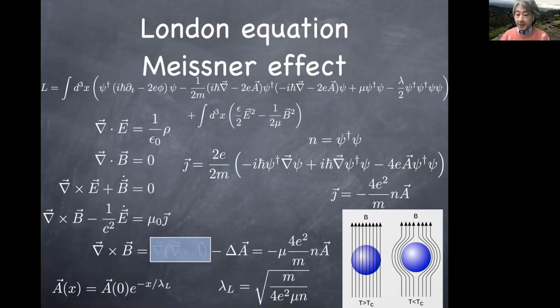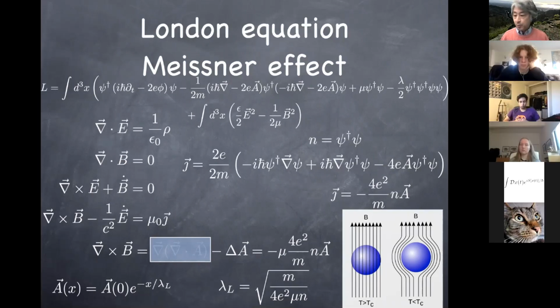So you would predict now, just by having Schrödinger field theory with the covariant derivative, that the magnetic field should be expelled as a consequence of this. And now you can understand theoretically why this Meissner effect happens. Okay, so let me stop here again. I hope that at least the argument is clear, and please ask questions.